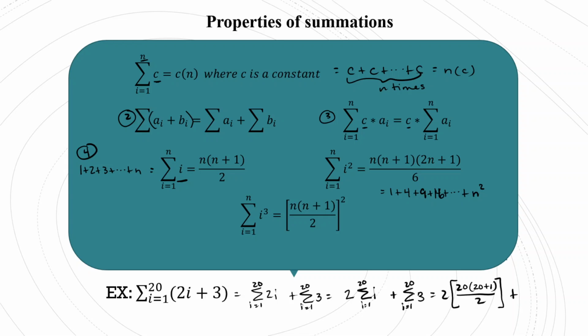The 3 is a constant, so I can use property number 1 and say that's 3 times 20. My end result is, the 2's will cancel, I get 20 times 21, and 3 times 20 is 60, so we get 480.